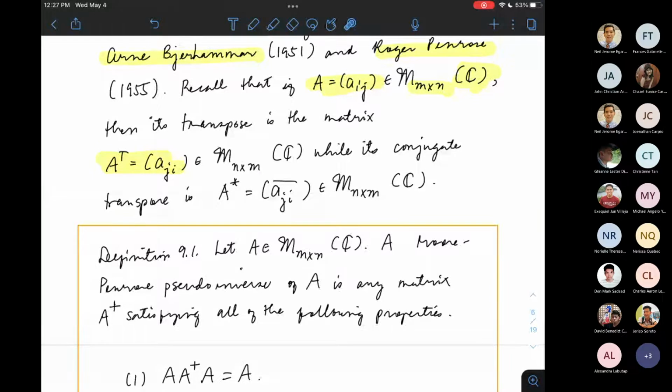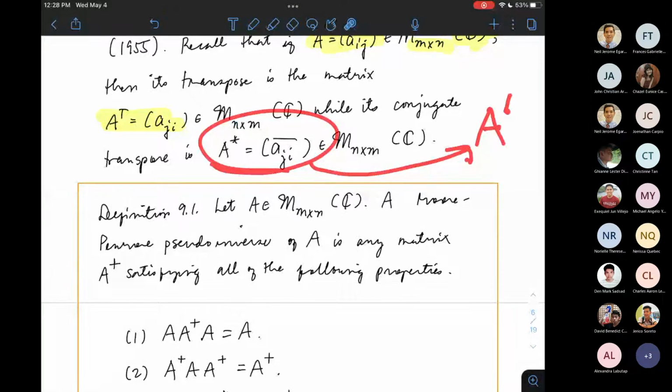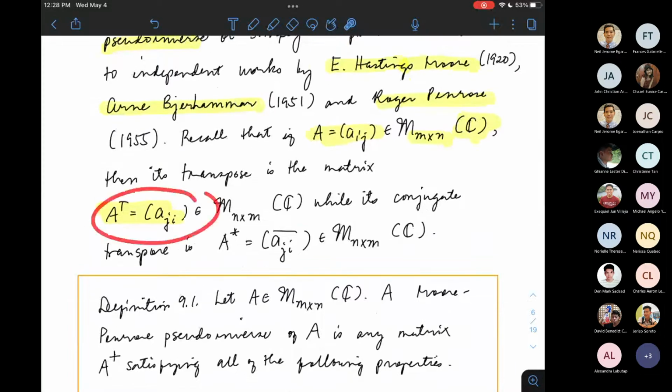Okay? Kay MATLAB, ang syntax ng A conjugate transpose ay matrix A tapos apostrophe. Okay, so yan yung syntax kay MATLAB. Pero kung transpose lang naman yung gusto mong kunin, kailangan A dot apostrophe. So yun yung pinagkaiba ng dalawang operations.